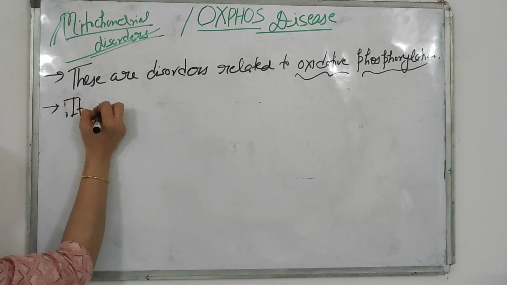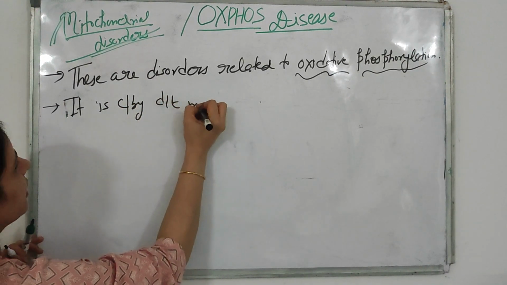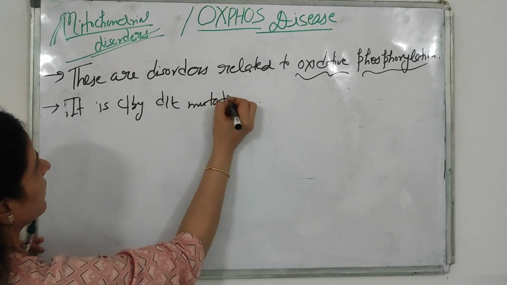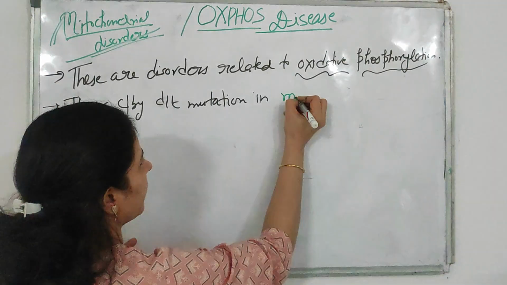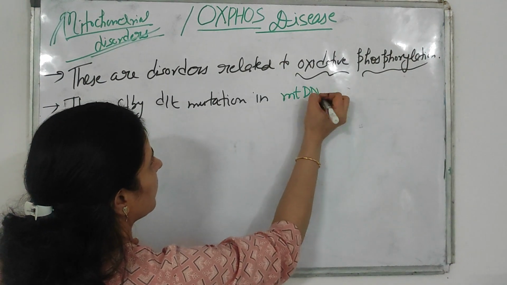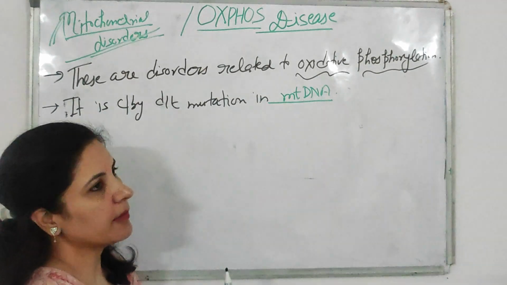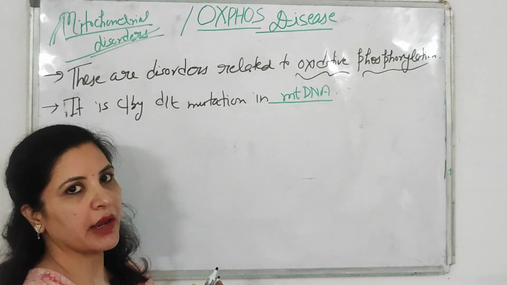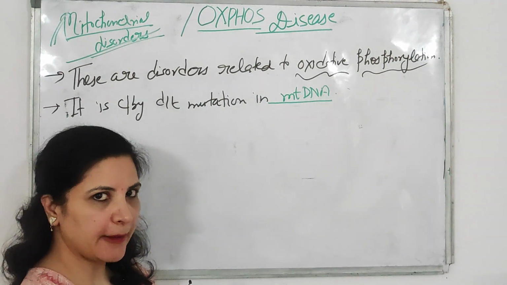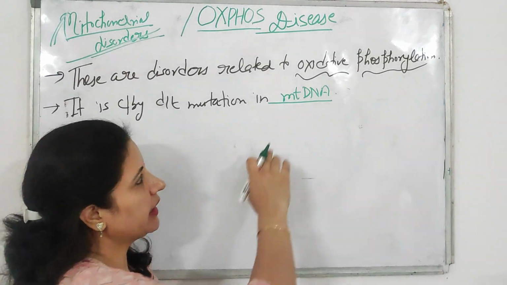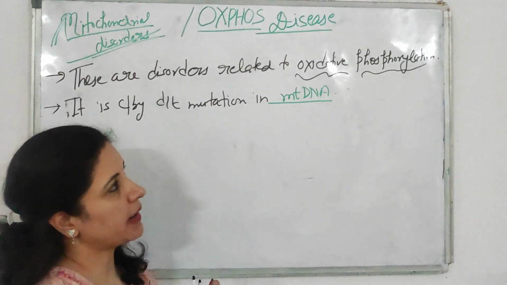It is caused by mutation in your mitochondrial DNA. As you have studied before, the mitochondria has its own DNA. Just as inside the cell there is nuclear DNA present inside the nucleus, the mitochondria also has its individual DNA, known as mitochondrial DNA.